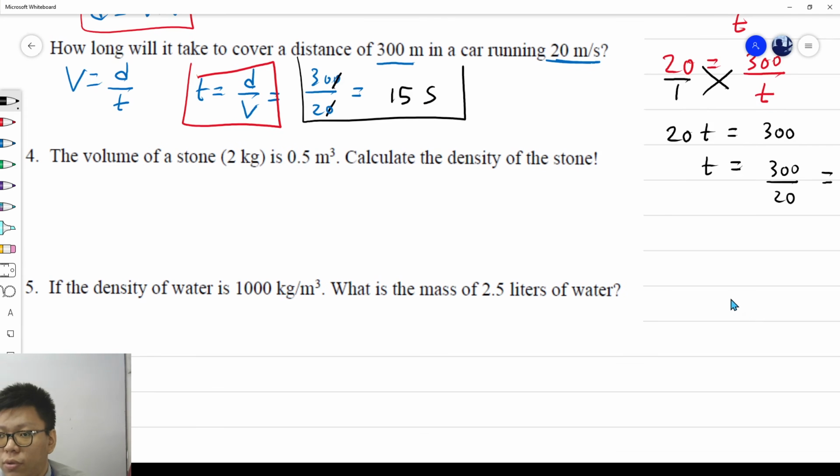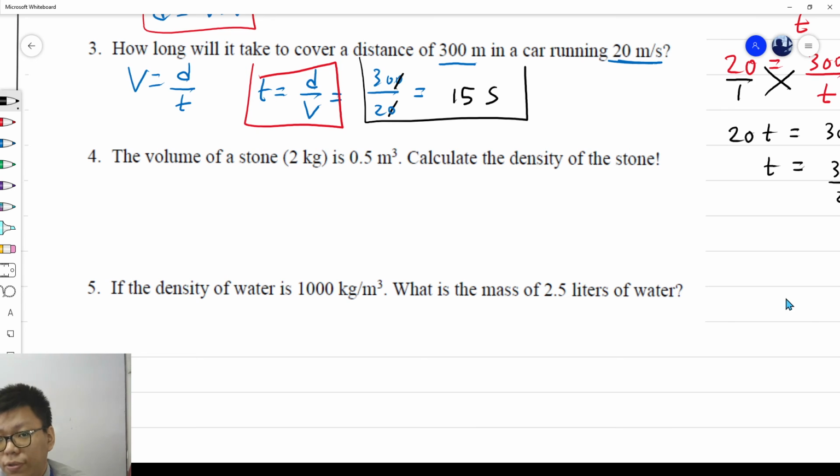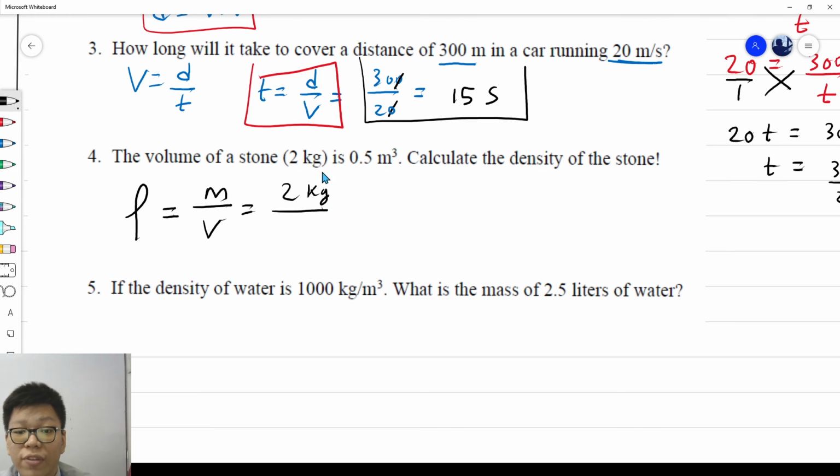Okay, number 4. The volume of a stone. Okay, we want to calculate the density. This is the symbol for density. Density formula is mass over volume. We have the mass, 2 kilograms, and we already have the volume.